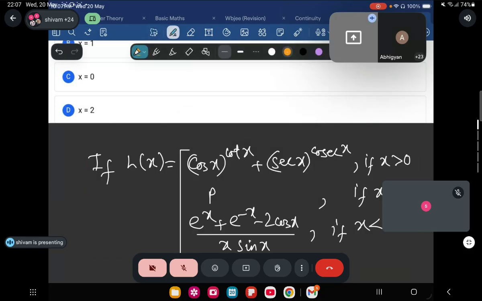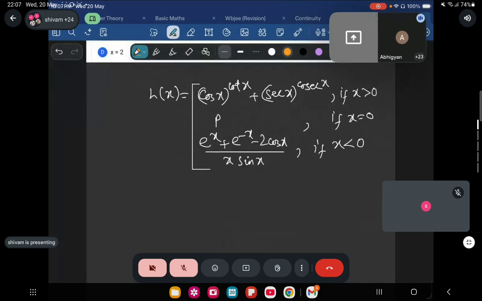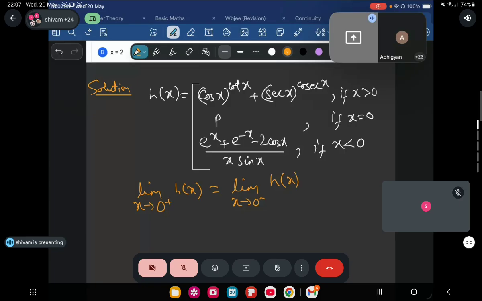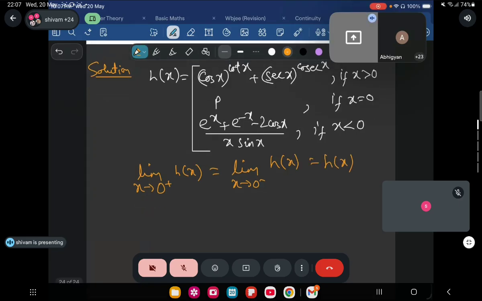Means you are trying to say that limit x tends to 0 plus h of x must be equal to limit x tends to 0 minus h of x, which is equal to h of 0, right? This is what you are talking about.